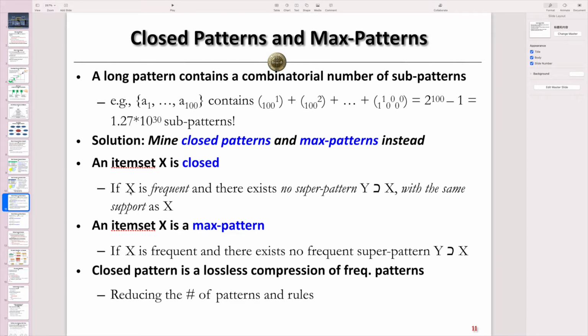If we have a small item set and we further add some items into it, the set will be larger, and normally fewer transactions will contain this larger item set, so it will be less frequent.